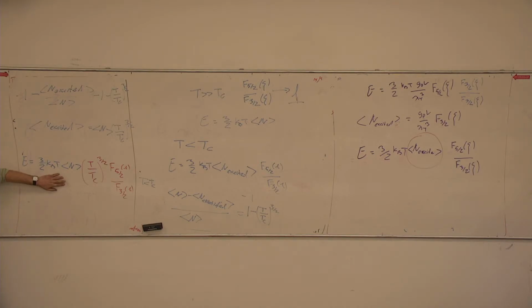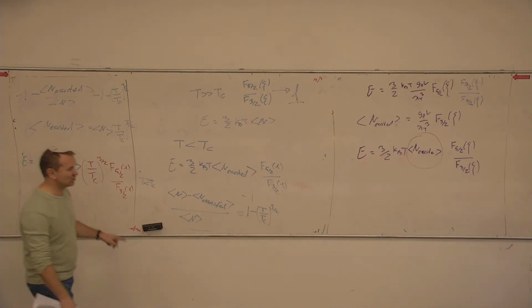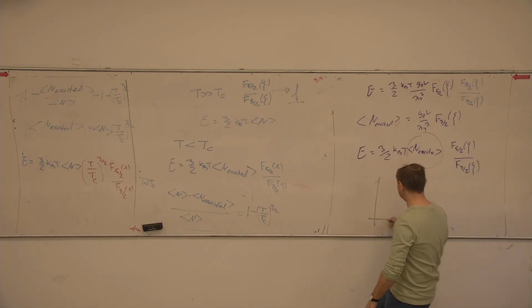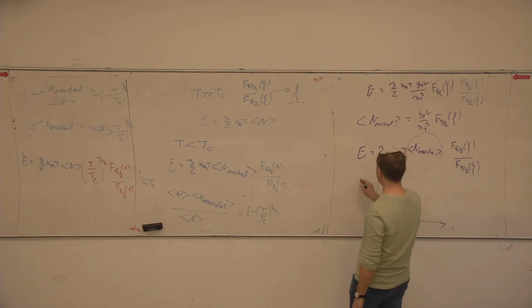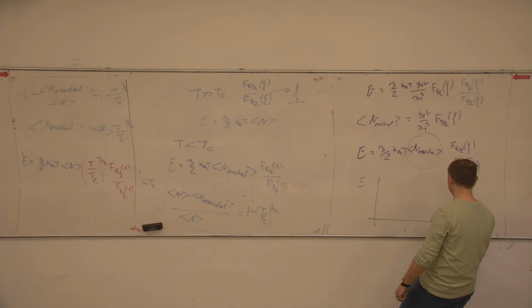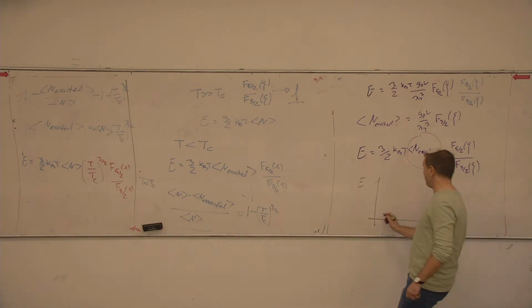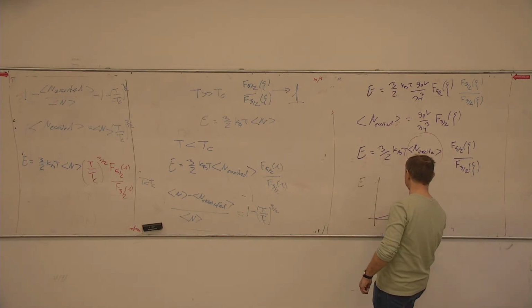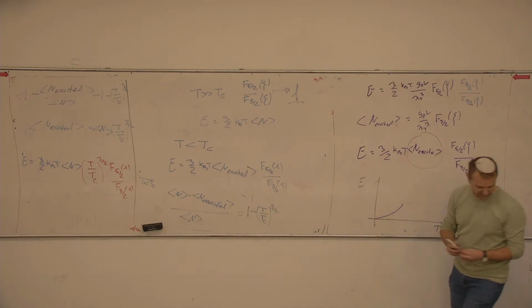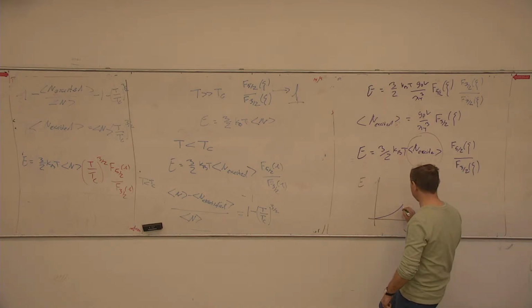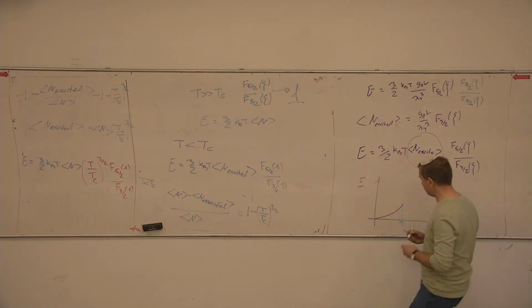Classical limit, quantum complications. So we plug the energy as a function of temperature. We obtain that it rises up like this. And this happens exactly at Tc.